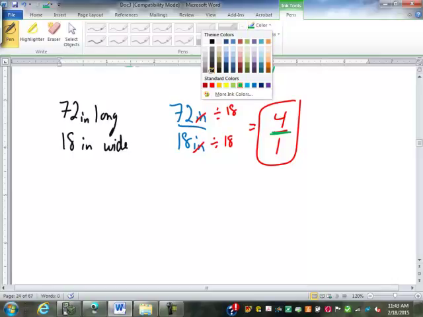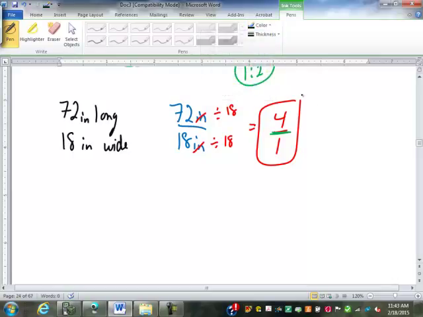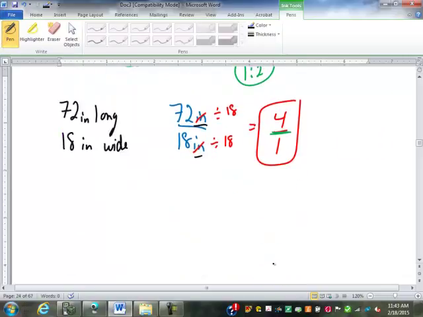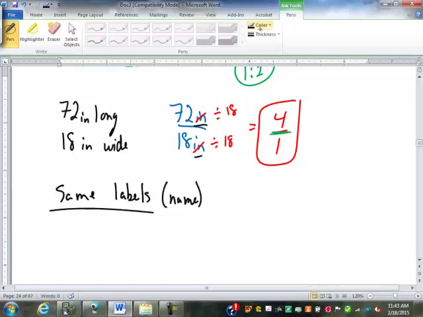Now something else you'll notice here is in both of the examples we've done. Here we compared students to students. Here it was inches to inches. In both of those examples, we were comparing two numbers that had the same units, same labels. And that is an important feature of a ratio, is both numbers must have the same labels or same units. In other words, the same name.